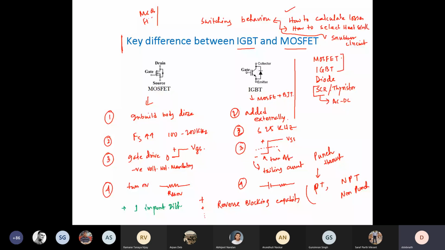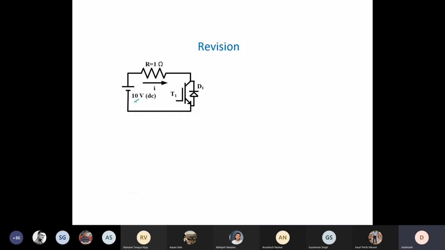Let's say I have a 10-volt source and this resistance is 1 ohm. Okay, and this symbol is for IGBT. So first question, when there is no gate pulse given to T1, what will be I? What is your answer?